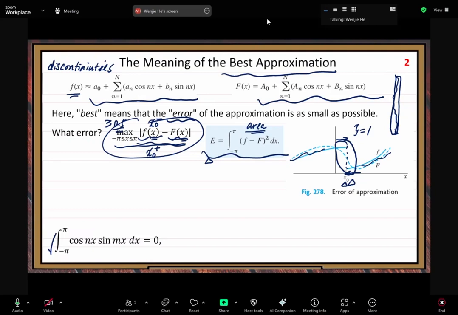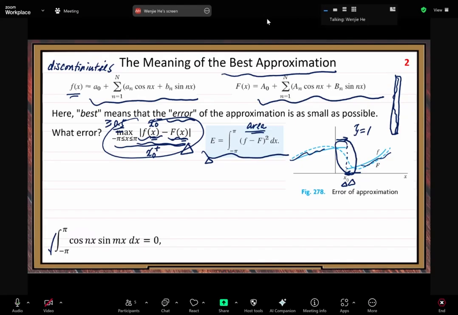The second reason is when we do the math calculation. If we work with the absolute value, it's very hard to work with. It's hard to take the derivative. It's hard to take the integral, because you need to consider positive and negative parts.